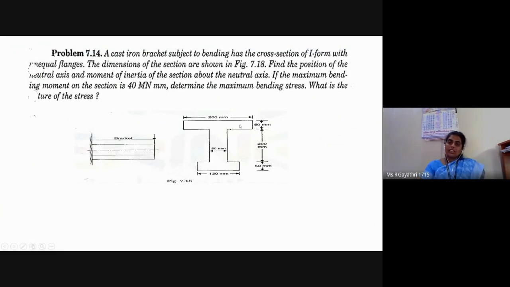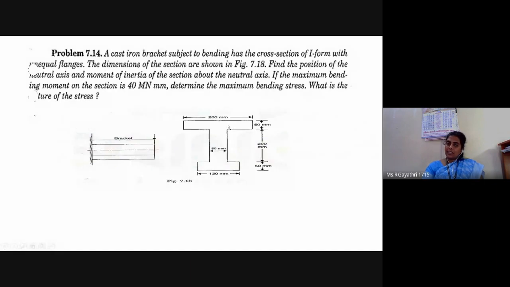This is an unsymmetrical section about the x-axis. About the y-axis, this is symmetric only.